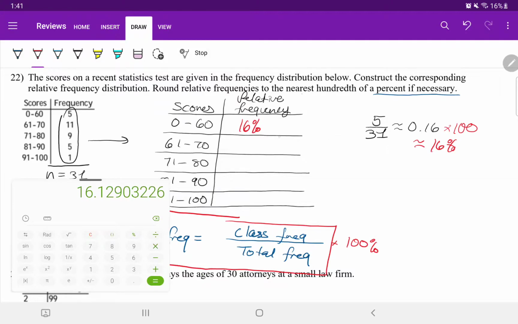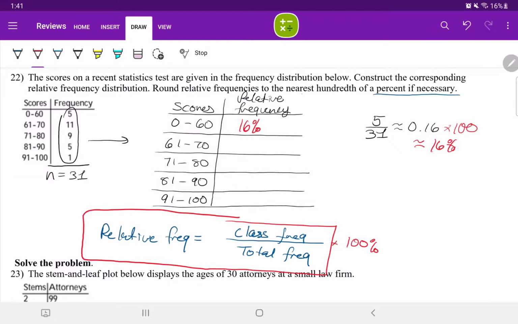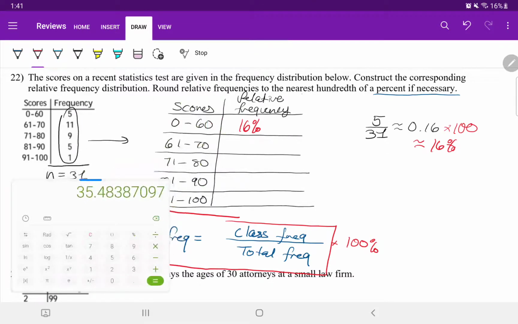Let's do that for the rest of these examples. 11 divided by 31. Then we're going to multiply that by 100, and round to the nearest hundredth of a percent. Before I continue, let me go back because I think I read it a little bit incorrectly.